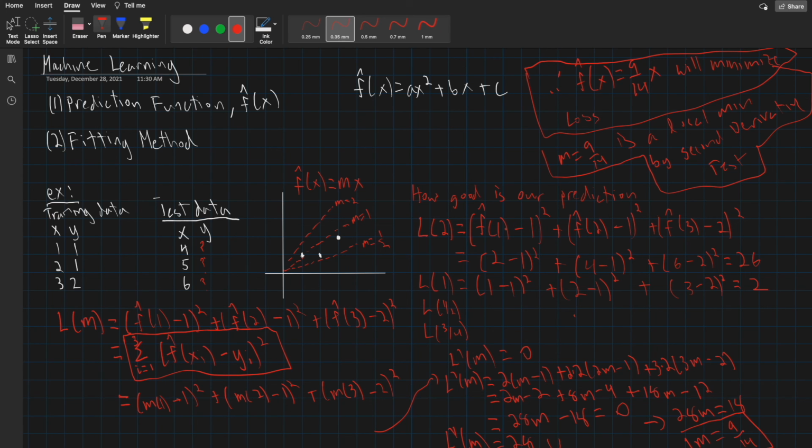So to optimize that loss, we're going to take the derivative and set it equal to 0 to determine critical points, and then use the second derivative test to actually confirm that it's a minimum. And once we've confirmed that it's actually our minimum, then we have found the slope that minimizes our loss.